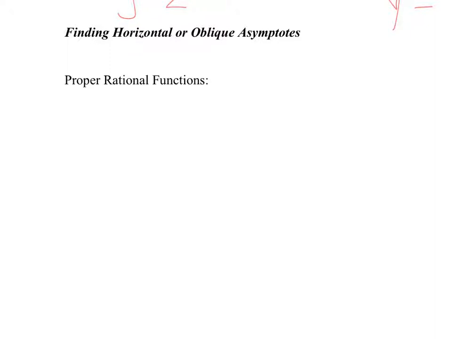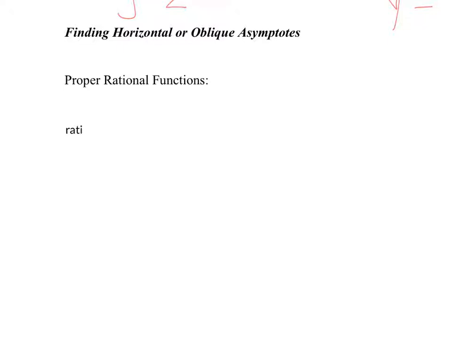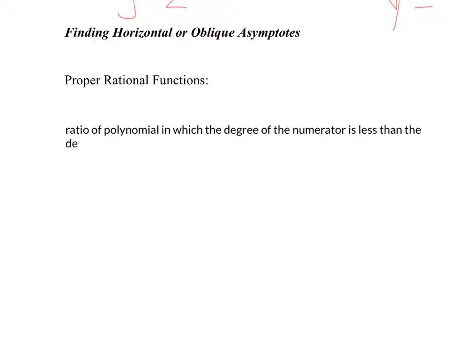So a proper rational function is a ratio of polynomials, which is the definition of a rational function, in which the degree of the numerator is less than the degree of the denominator.